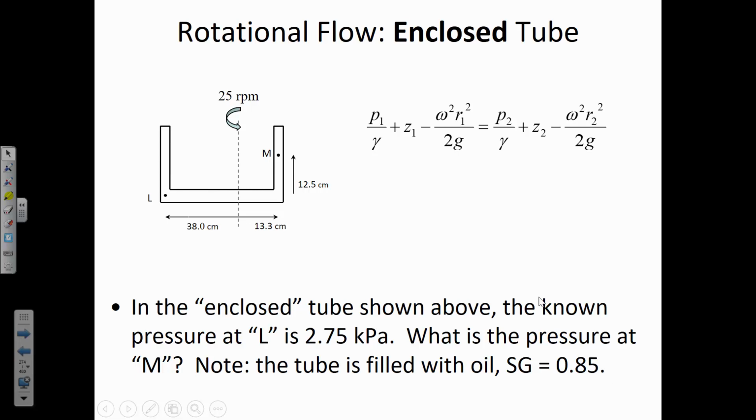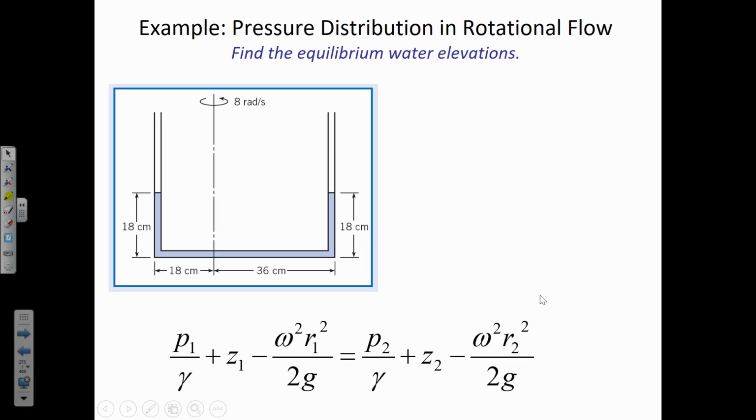The reason why I ask the sort of what-if scenarios is here we have a problem where these dimensions are given before it starts to rotate. And then we start to rotate at 8 radians per second, and the question asks, find the equilibrium water elevations. In the last problem, we were solving what is the pressure.